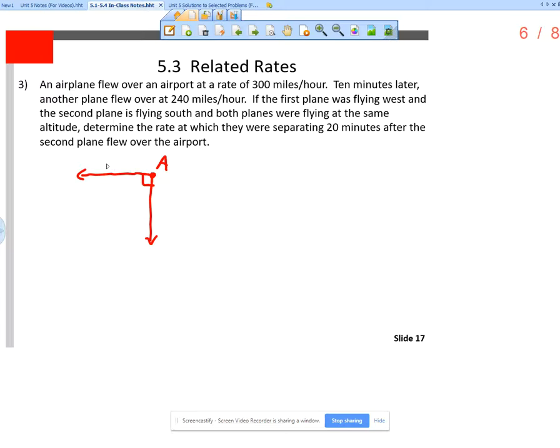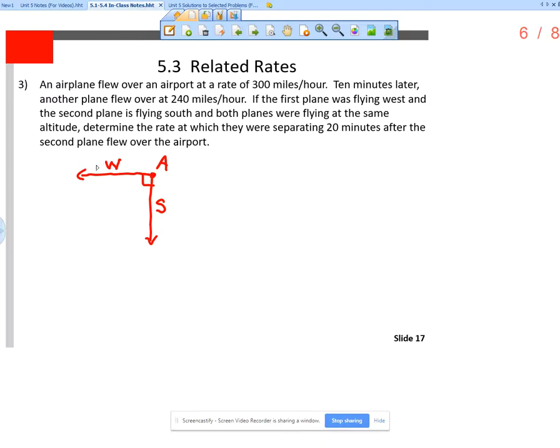I'm going to call that W, just for west. W is a variable, and remember, it is changing. The plane is flying, so the distance from that point above the airport is changing. Same thing with the plane flying south, so I'll call that S. That plane is changing its distance from the point above the airport as well.